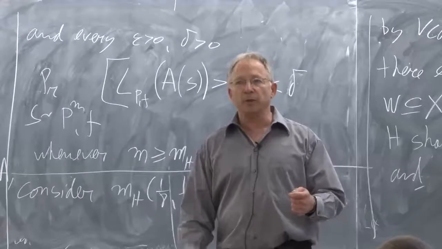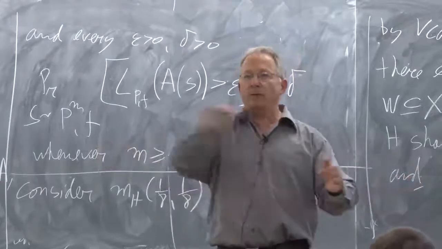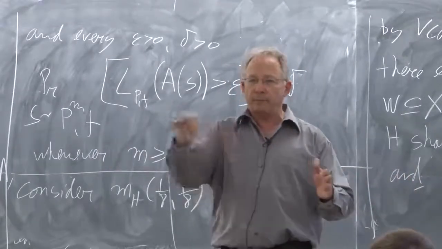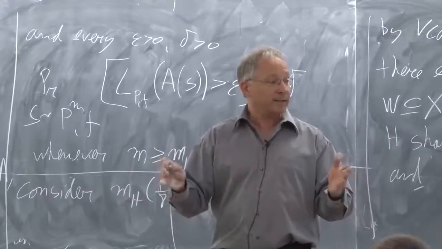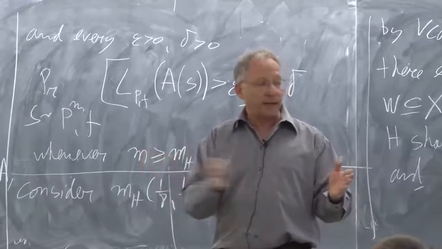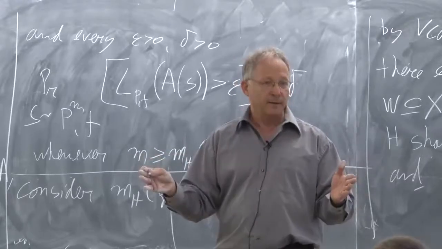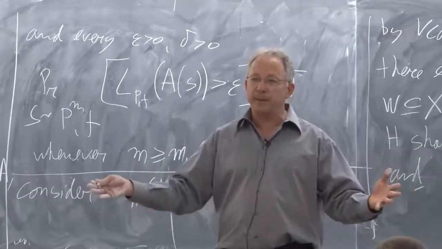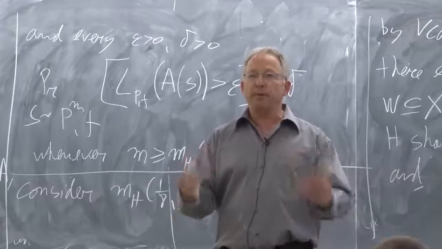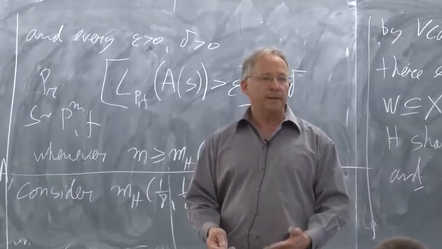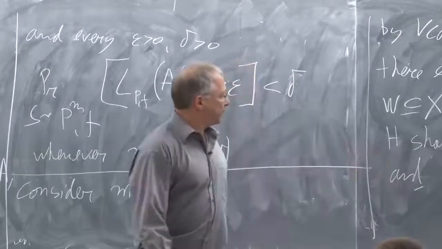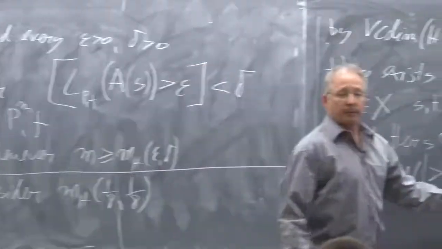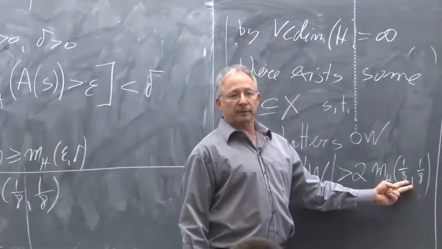The VC dimension talks about the size of sets over which we have all possible behaviors. And the no-free-lunch theorem tells us for such sets, you need to see at least half of the points. So if the VC dimension is big, you need big samples in order to learn. And if the VC dimension is infinite, no finite sample will suffice for these precision parameters. So it's not learnable.